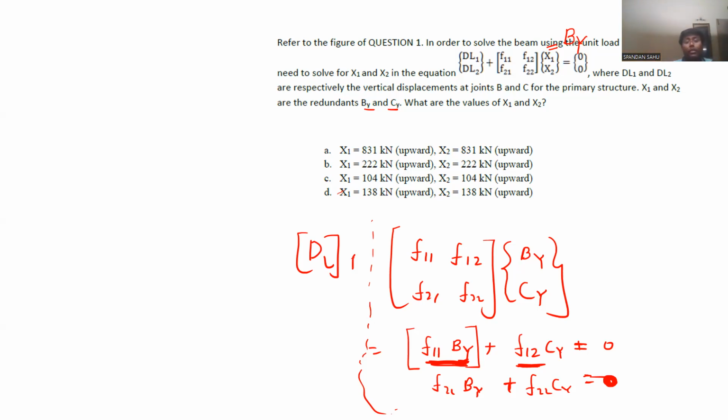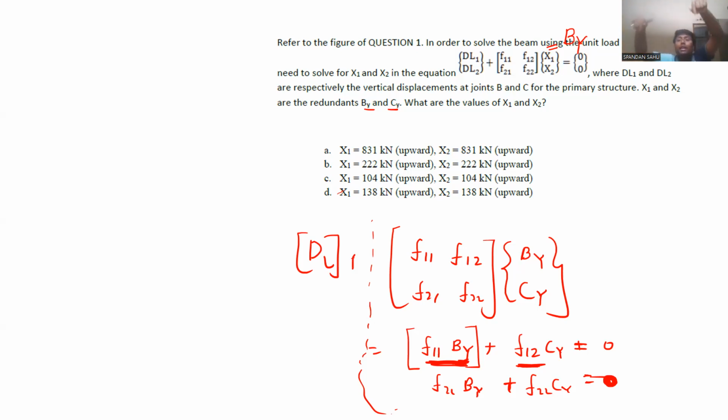So, you tell me, the Cy reaction, you have applied 1. But was that Cy reaction 1? No, it was Cy. So under that Cy, what will be the displacement? Cy into F12. And you are adding DL1. DL1 represents the displacement under external loads when you have removed those redundants, that is By and Cy equal to 0.